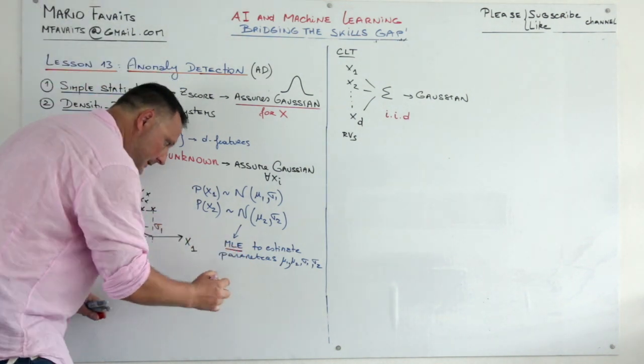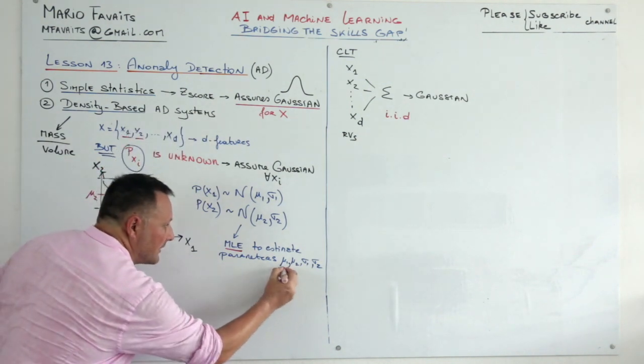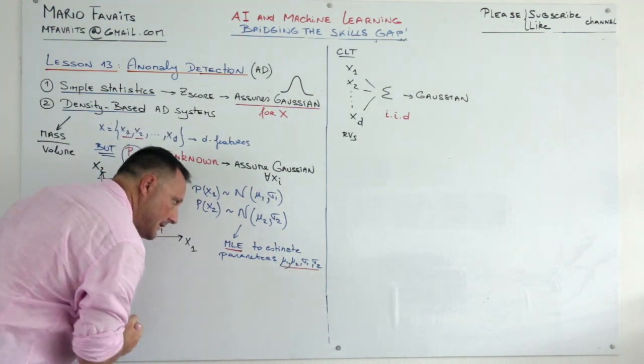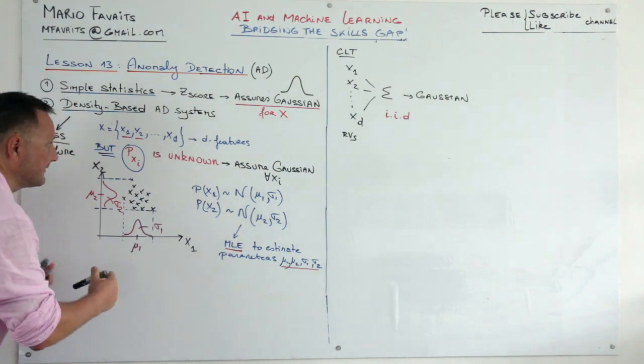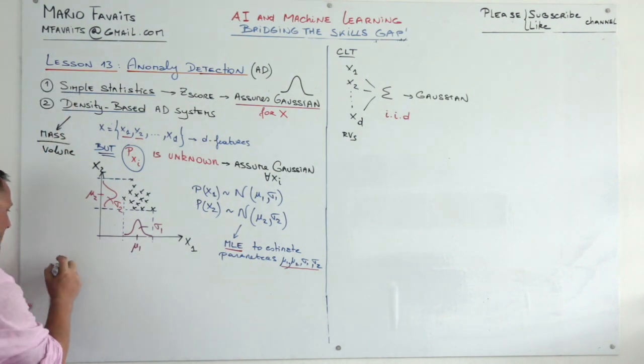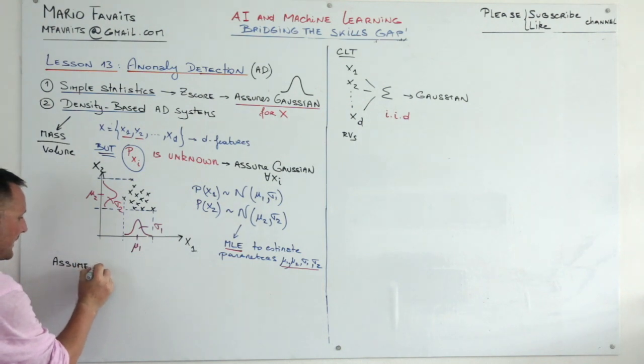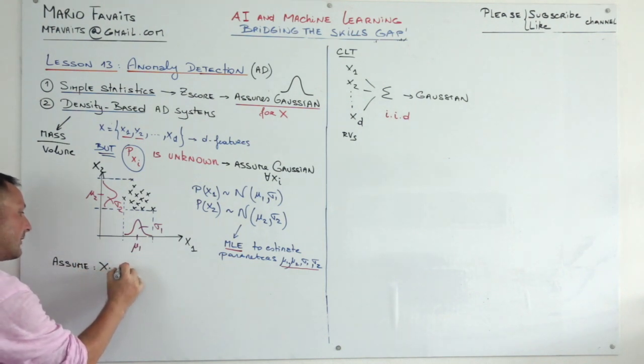MLE gives you these parameters, and what you do then is make another assumption. You assume that your xi are independent.